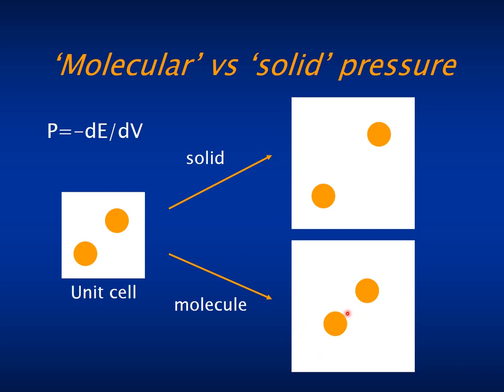This doesn't mean that the pressure is zero, because there may still be some interaction between molecules in two different repetitions of the unit cell, but of course you would expect the pressure to be much less than if you expand the molecule with the unit cell.